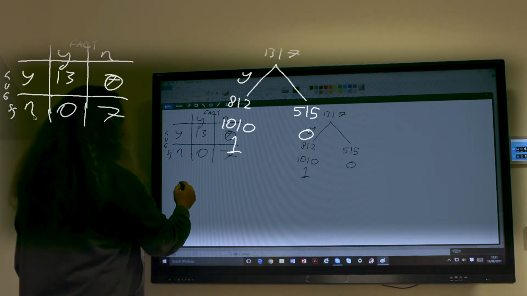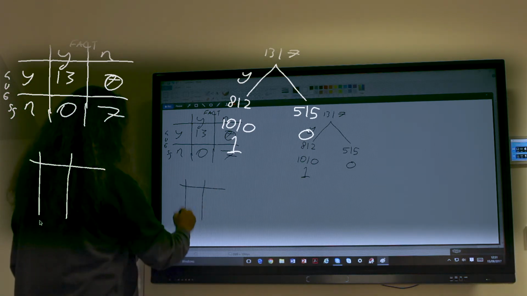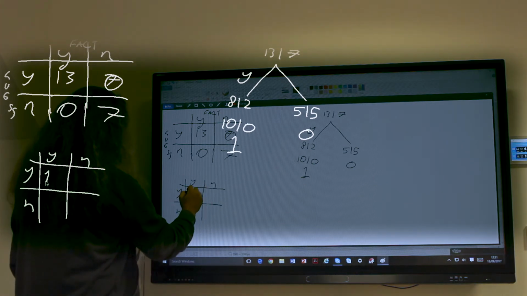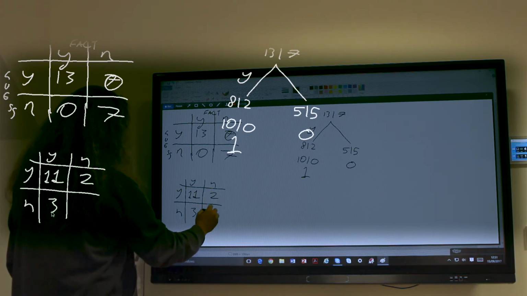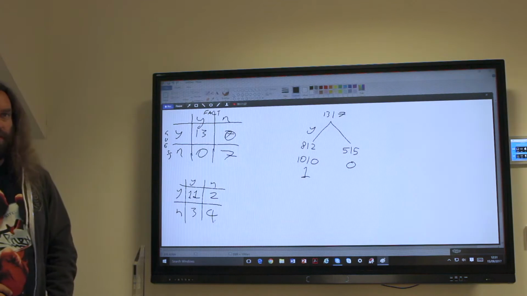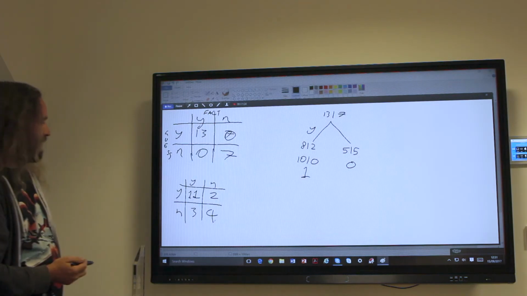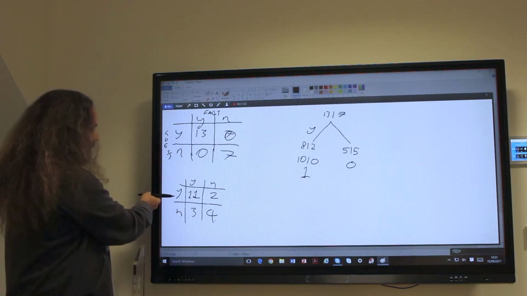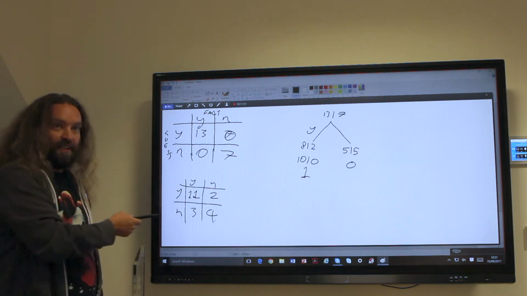What we're likely to get is something like that, which is not particularly accurate. And what we can see is that most of the time when this tree says yes, I do want to play golf, it's actually right.